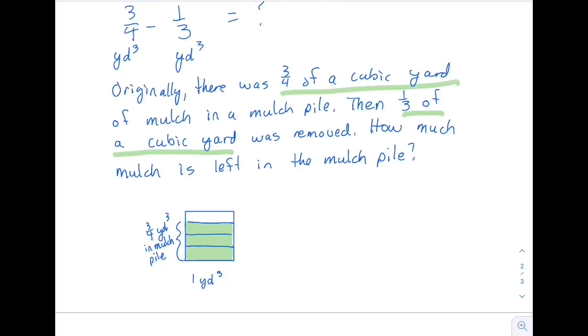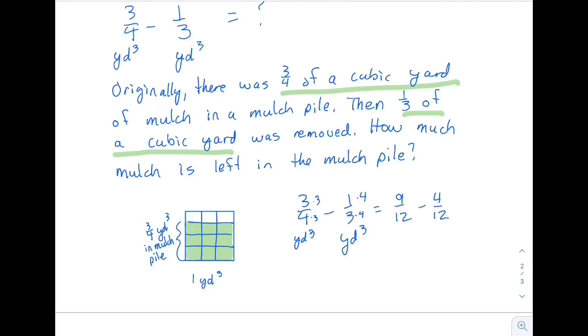When I solve this problem, 3/4 of a cubic yard minus 1/3 of a cubic yard, I'm going to need that common denominator. So I'm going to break this up. Now I have 12, same cubic yard.